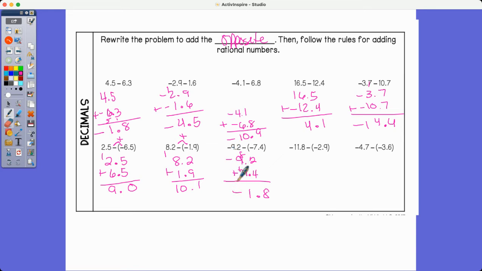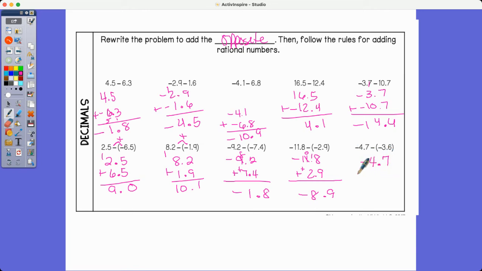Bigger sign is my negative. And then I have negative 11 and 8 plus positive 2.9, opposite signs. So I subtract 9, 10, 8. Negative, because negative 11 and 8/10 has the greater absolute value.